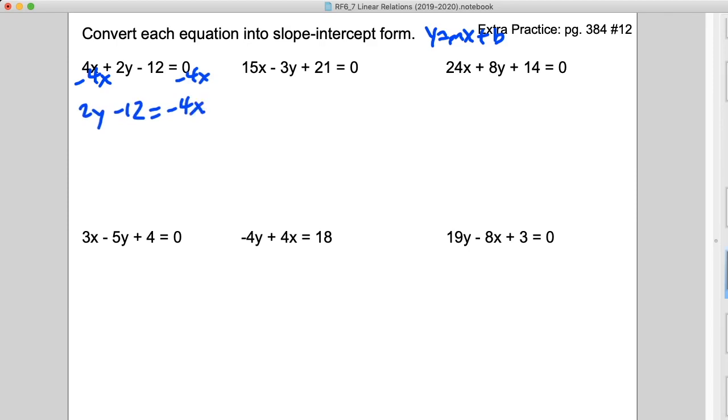Then we're going to add 12 to both sides. So plus 12 and plus 12. Then we'll have 2y is equal to negative 4x plus 12.